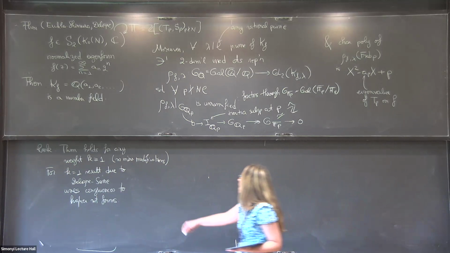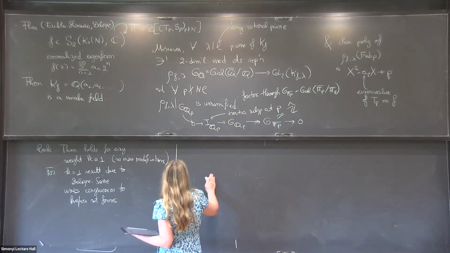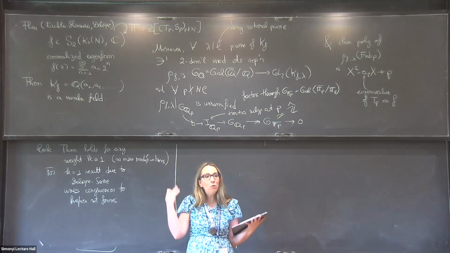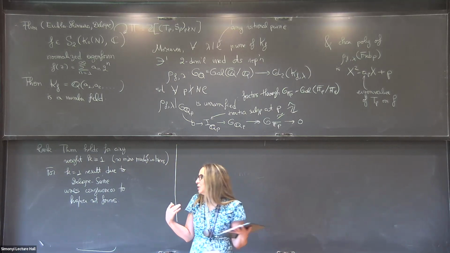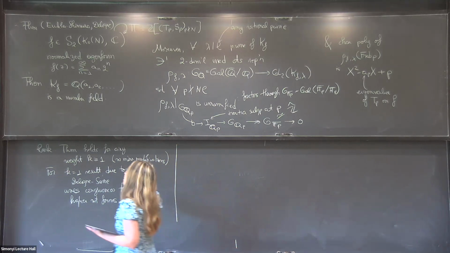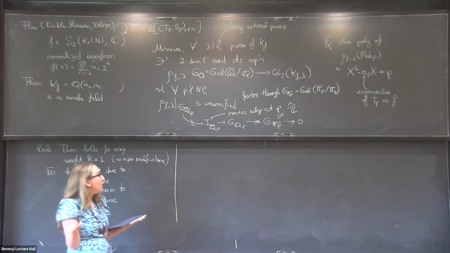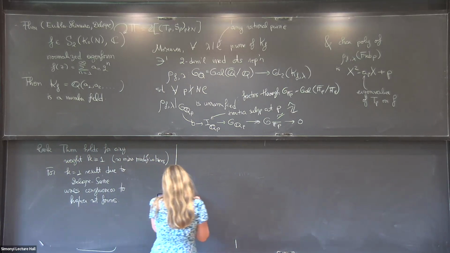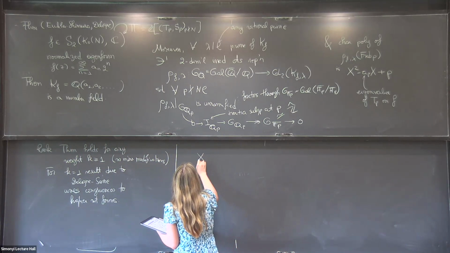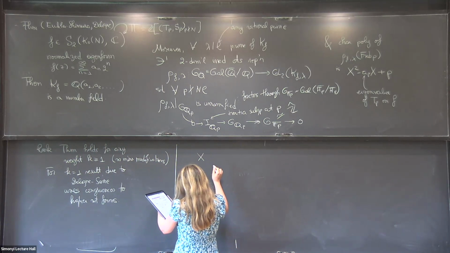Okay, so I want to discuss some steps that go into the proof of the theorem so that you have a sense for how we go from the modular form that lives on this Riemann surface. So remember, we had this, I think I called it X_{K_0}, right?